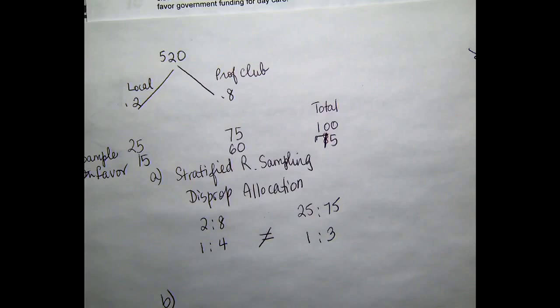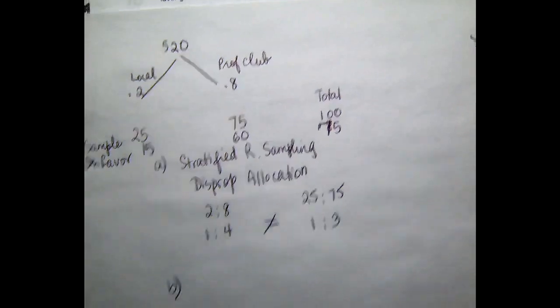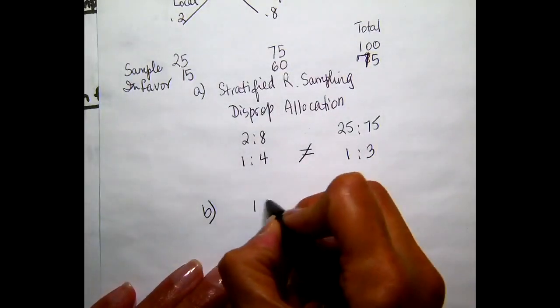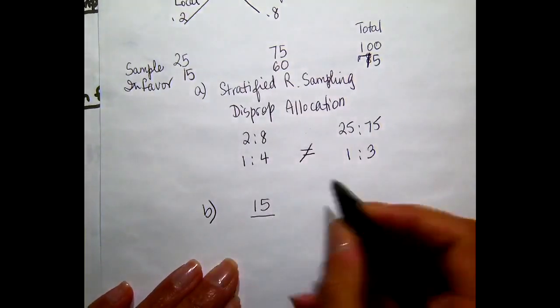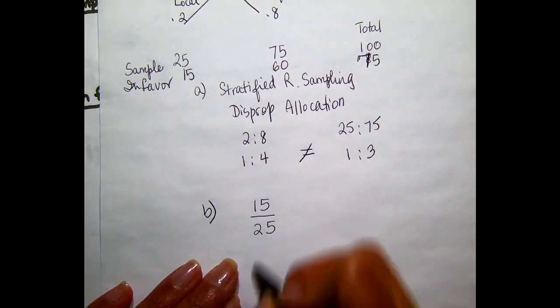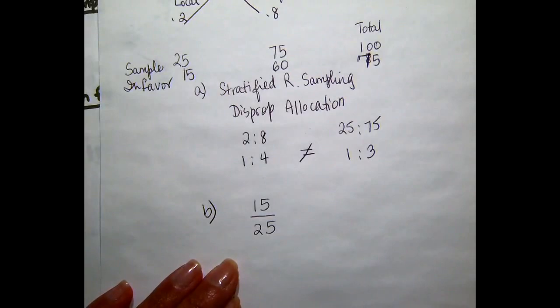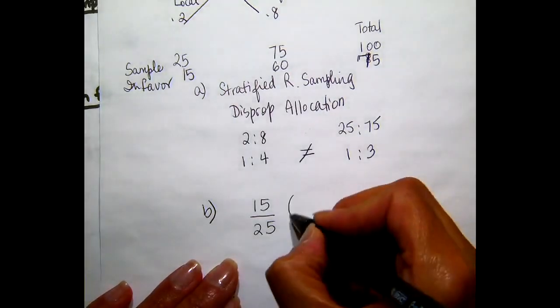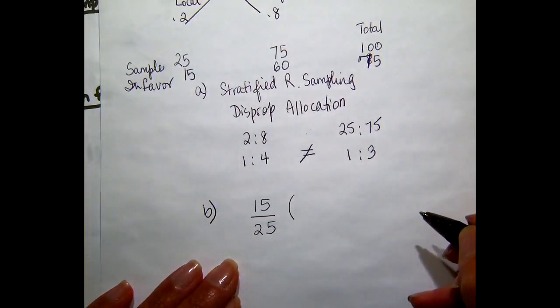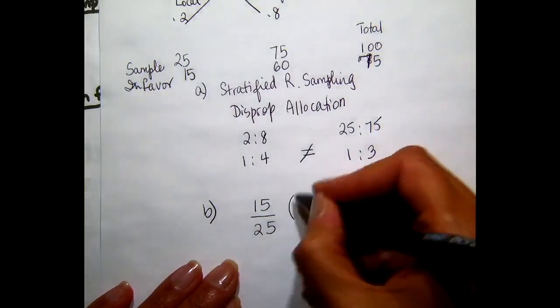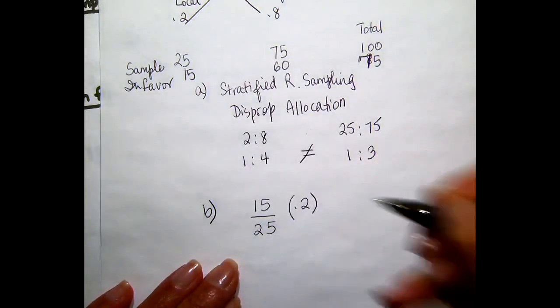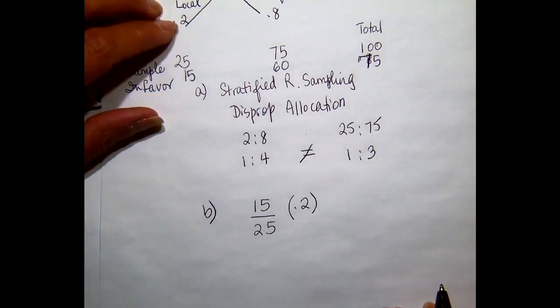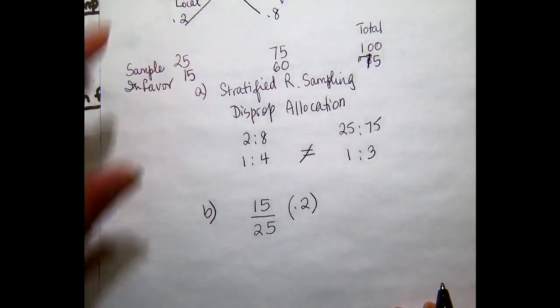So simply take the numbers in favor, 15 out of 25, and apply that to the percent of the population that's local. So 20% of my population is local. I don't care that 20% of 520 is 104.